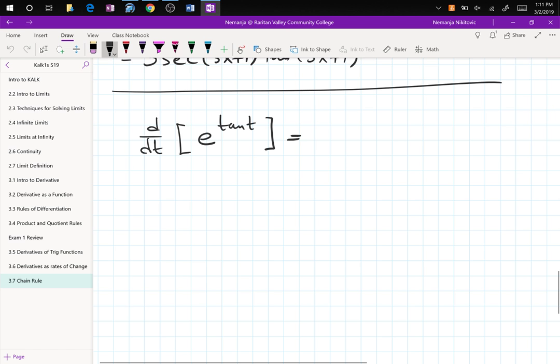So what's f of x? I mean f of t. Come on, guys. F of t is e to the t. Thank you. And then g of t is tan t. So the derivative is, well, the exponential stays the same, and then times the derivative of tangent. Very good. Done.